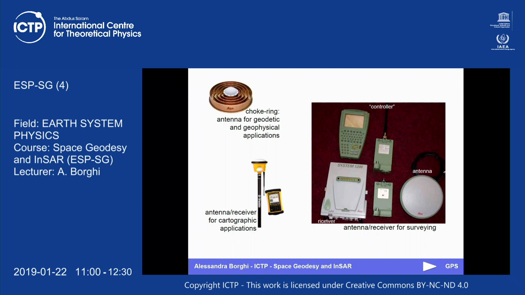In the receiver there is the software to collect the data obtained by the antenna, to give us information or real-time positioning, for instance, and to record all the observations that you need to know your position, and also other information. This is, for instance, for surveying, but also for geodetic applications. You have antenna, receiver.